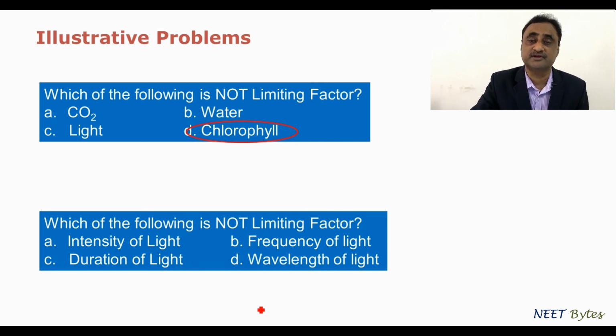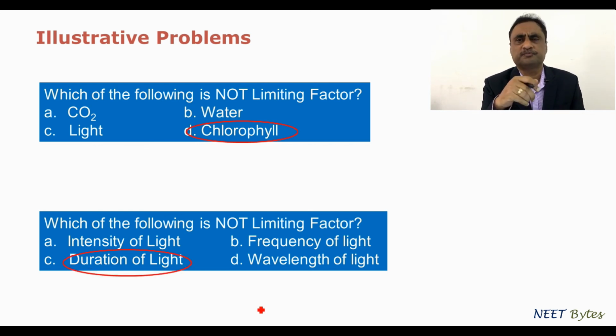And the correct answer is the duration of light. Why? Because suppose the photosynthetic yield is 1 gram per hour, and if I give the plant 5 hours of light, then naturally it will form 5 grams. But what is the photosynthetic yield? 1 gram per hour, isn't it? So duration of light is not going to influence the photosynthetic yield. The rest of the things will influence.